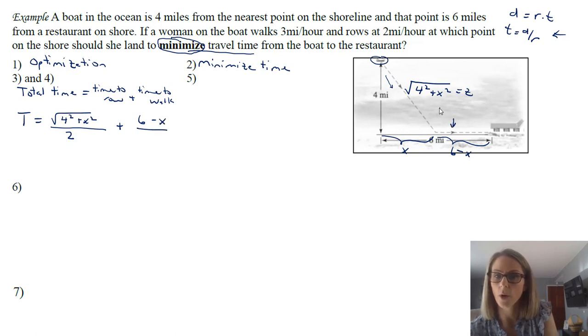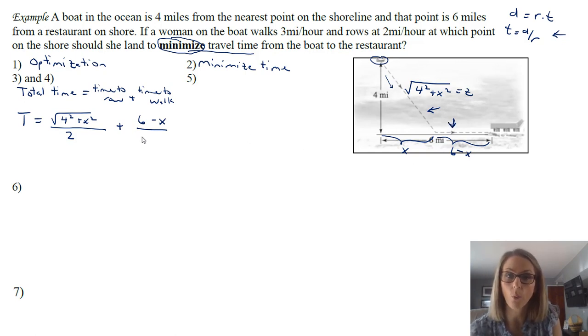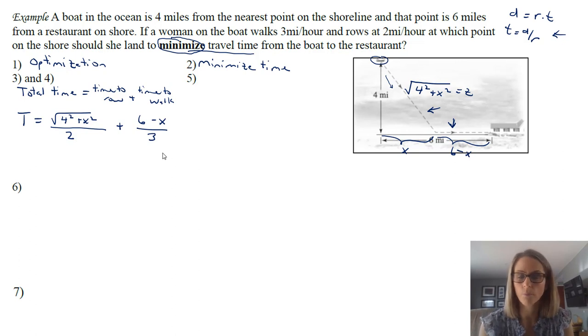So row this far, walk this far, and the rate for walking is 3 miles an hour. So this is the equation that now only has one variable in it, because I didn't really need to do two.